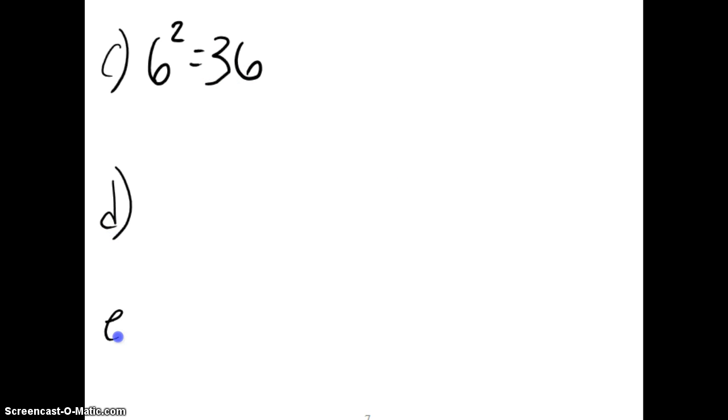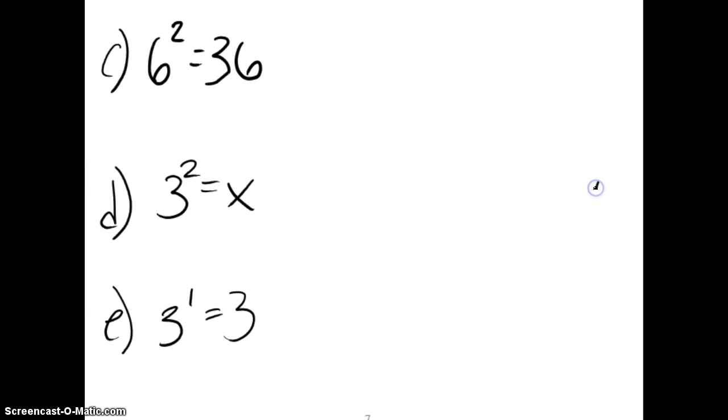6 squared equals x, and 3 to the 1 equals 3. So I'm going to convert. First, I'm going to look for my base. My base is 6.